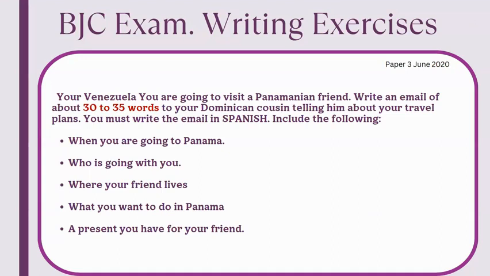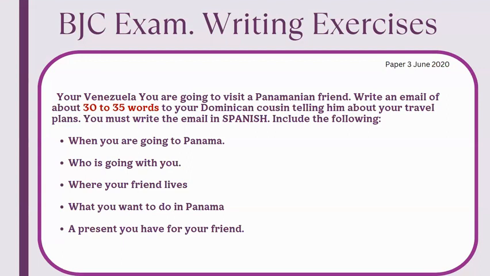Mr. Cowell. Okay, so for when you are going to Panama, I would probably say en 2 semanas, like in 2 weeks. En 2 semanas. When you say 2 mil is 2,000. Oh, right. I forgot.